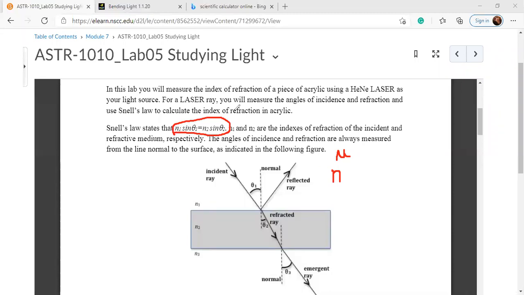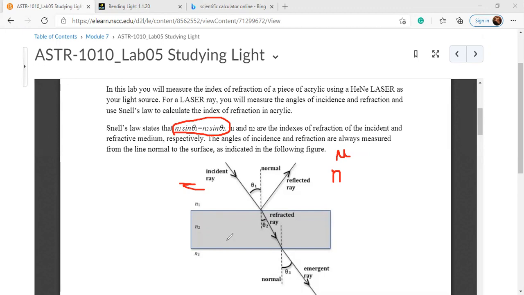Right here is Snell's law. What is n1? n1 is the refractive index of the first medium. You can say any medium. Here might be water, and right here might be diamond or glass or something. For this case right now, here is air, so the refractive index of this medium is n1.